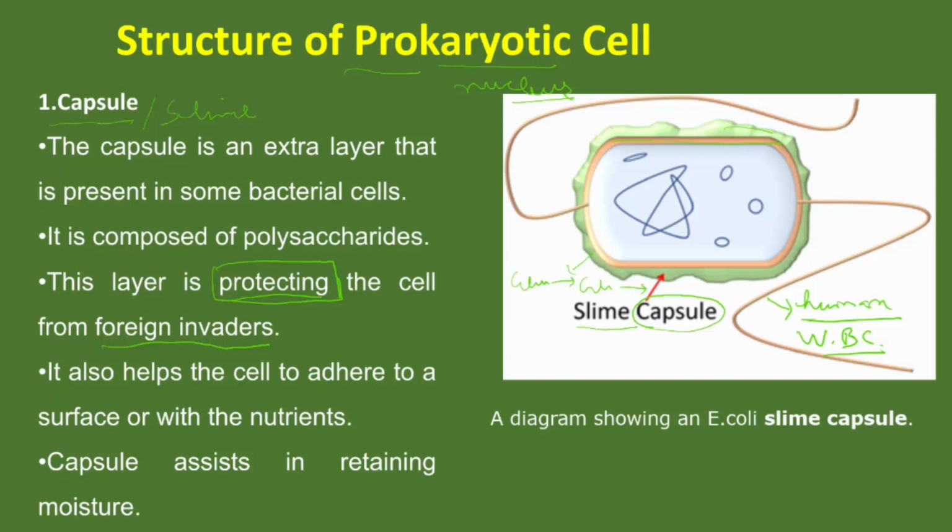So with the help of the capsule, the bacterial cell can protect itself from foreign invaders. It also helps the cell to adhere to a surface or to nutrients. This slime layer, or capsule, helps in adherence, meaning the sticking of the bacterial cell on any surface.